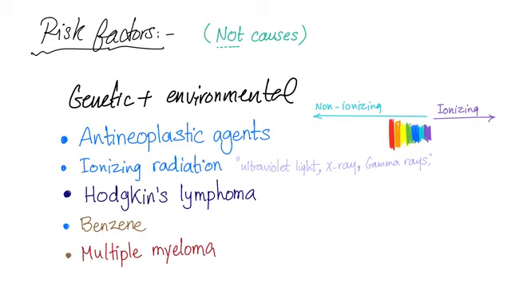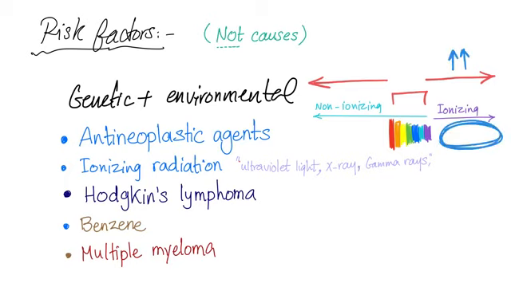Anti-neoplastic agents, ionizing radiation. What's the difference between ionizing and non-ionizing radiation? If you remember your physics, here is the electromagnetic spectrum with the visible light in the middle. The frequency increases as we go here. Frequency decreases as we go here. As the frequency increases, the energy increases.